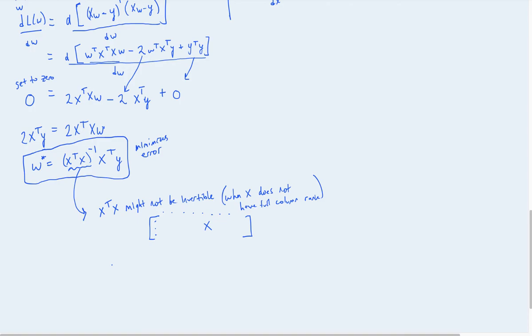But if this is the case, there is a small trick that you can do to make the first term invertible. And that is to say that the optimal W is equal to (X transpose X plus some really small number times the identity matrix) inverse, times X transpose Y. And this just ensures that this whole thing will be invertible.